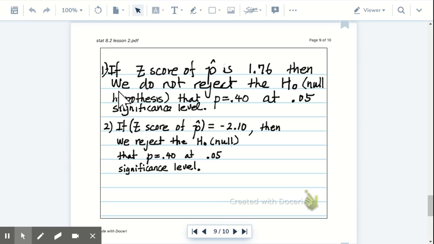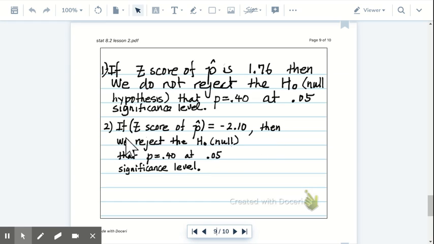So we say we do not reject the null hypothesis that p is equal to 0.4 at 0.05 significance level. Okay, remember our null hypothesis is that p is equal to 0.40. So my z-score is in the middle 95%. So we do not reject the null hypothesis.